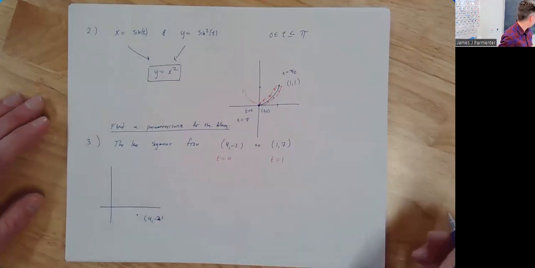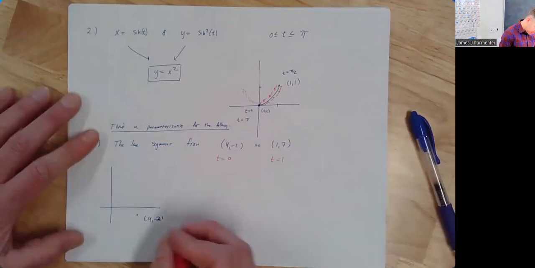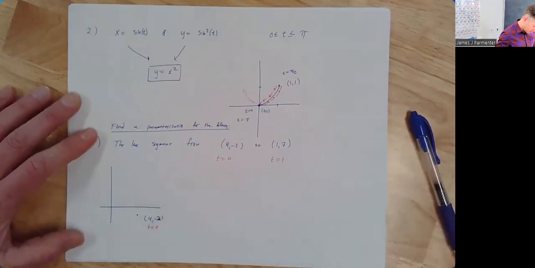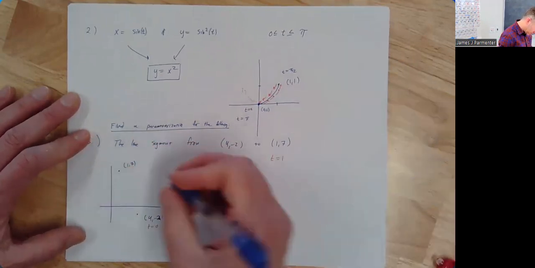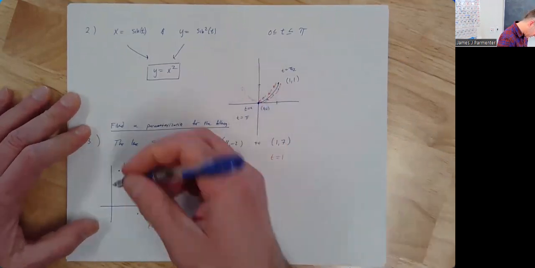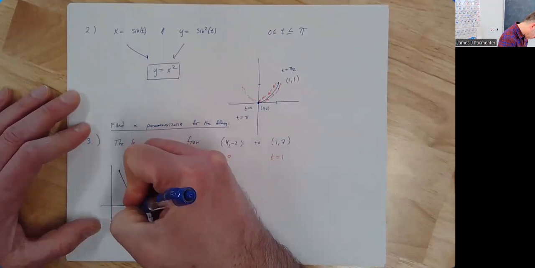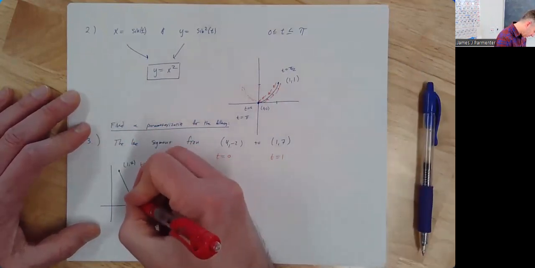Right. 4, -2 when time equals 0, and then we're going to go over to 1, 7 when time equals 1. We just want this segment. We don't want anything beyond those points. And we want to be going this way.